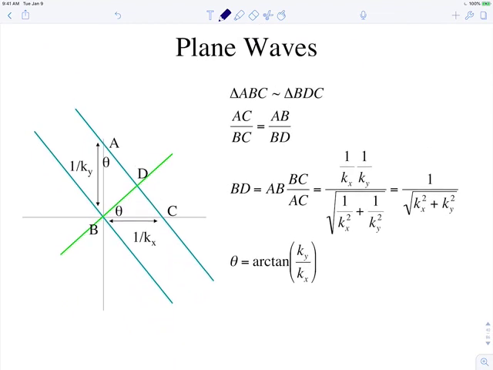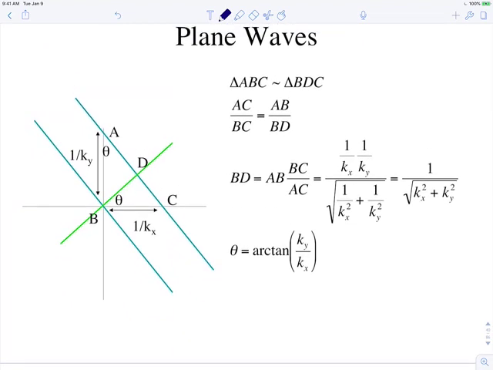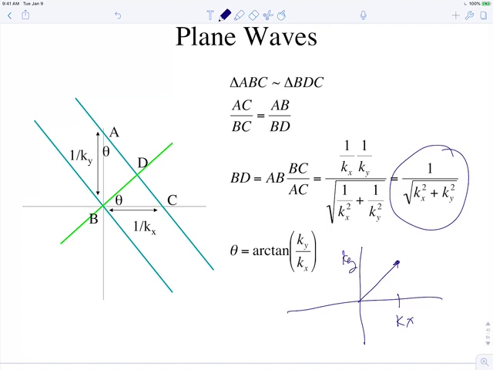So this is the proof here, but I hate remembering things that are hard to remember, so I like to come up with easy things to remember. The way I remember this is if I'm at some point in k-space, kx, ky, I just think about the magnitude of this vector. The magnitude of that vector is kx squared plus ky squared.